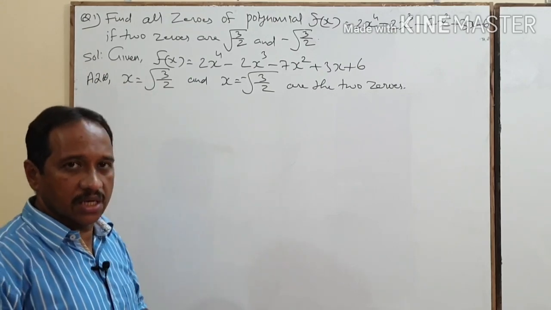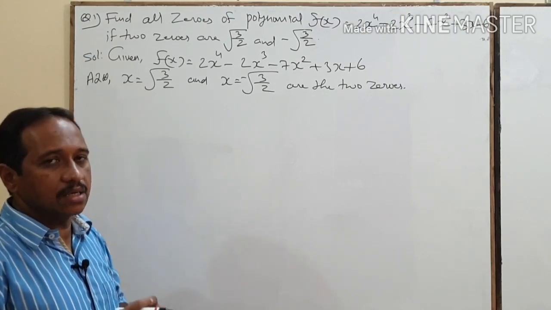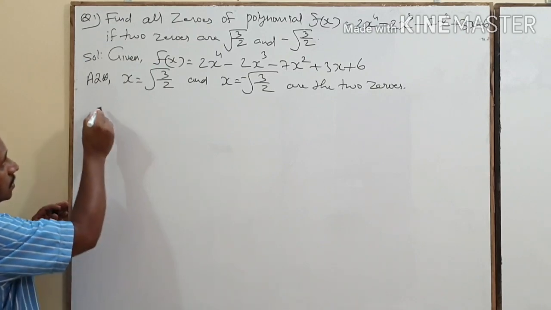If two zeros are given, from the two zeros we can write the two linear factors like this.